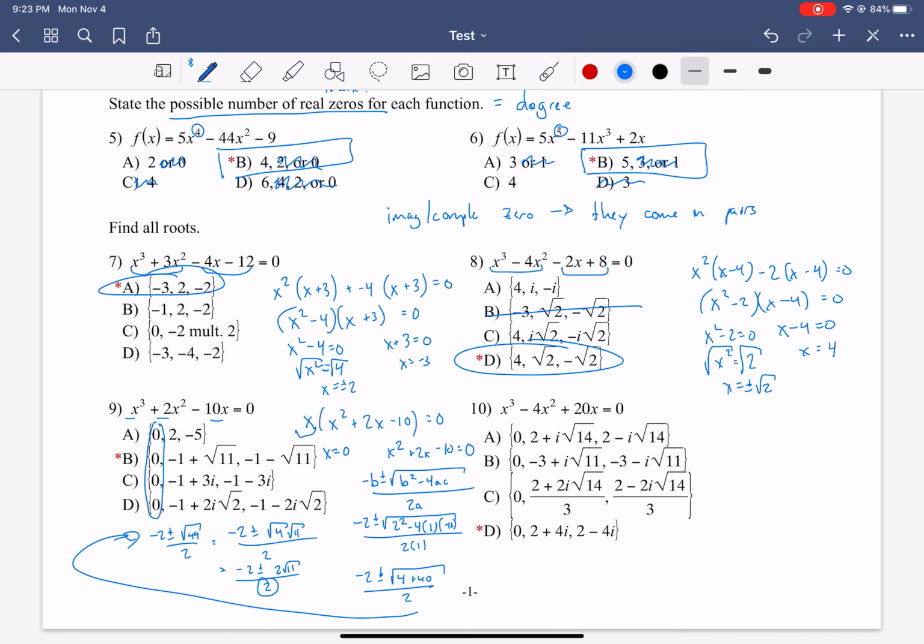And we can actually deal with this 2 now. We can divide it out in each of these terms. So we get negative 1 plus or minus the square root of 11 over 1, and that part just disappears. So for this, we get answer choice B, because they actually split up that plus or minus. Number 10 is similar.